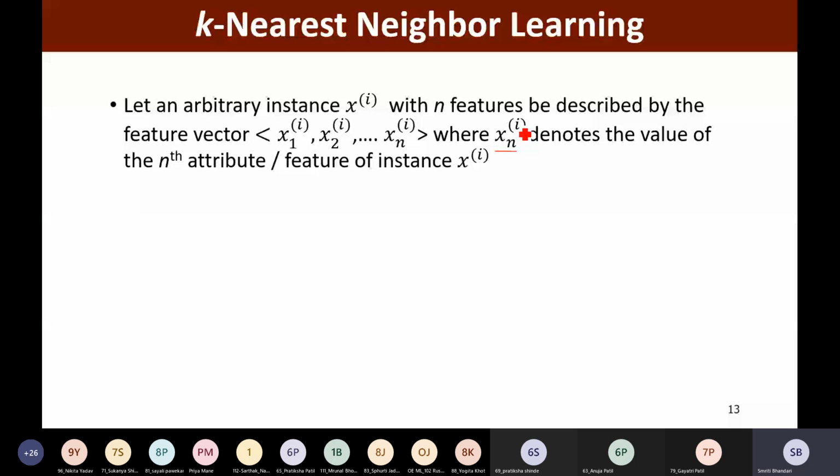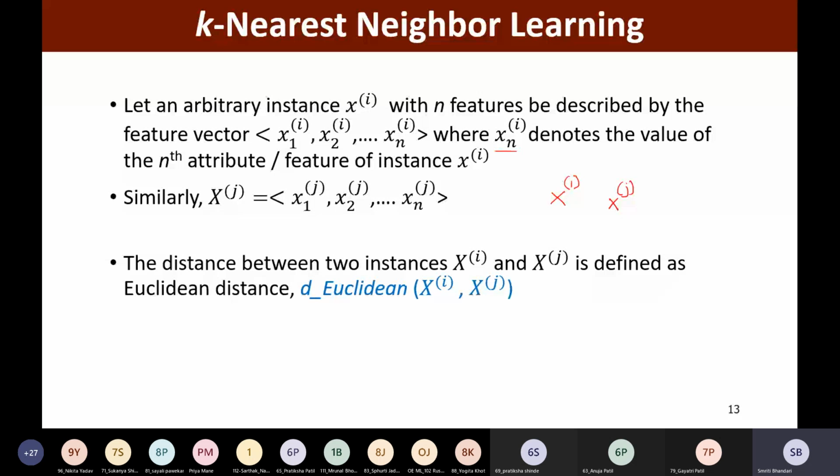Similarly, we have another point, say xj, with the feature vector denoted as x1j, x2j up to xnj. So now we have two samples, xi and xj, and we want to find the distance between these two samples. To do so, we make use of Euclidean distance.